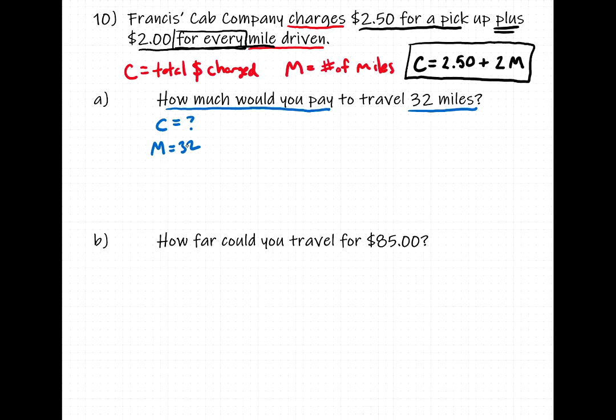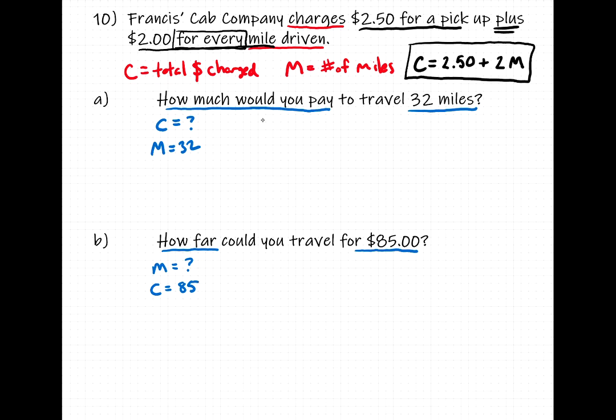In part B, how far could you travel for $85? So the number of miles is unknown, and the total charge is given, and that's 85. So in part A, we're given miles and we're looking for the total cost, and in B, we're given the total charge and we're looking for miles.